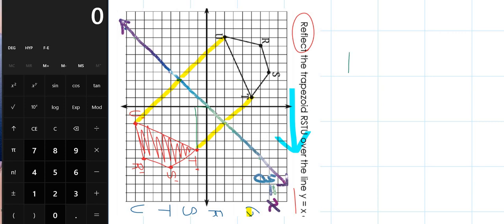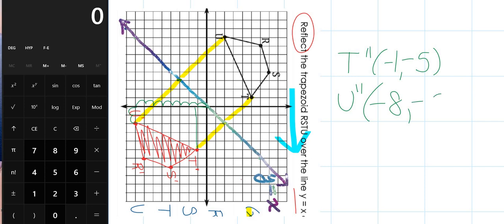So T double prime is at -1, -5. Same thing with U double prime. Starting at 0, 0, I'm going to count to the left. 1, 2, 3, 4, 5, 6, 7, 8 boxes to the left. So that's -8. Down 1, 2. So it's at -2.